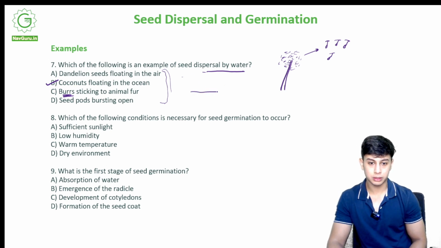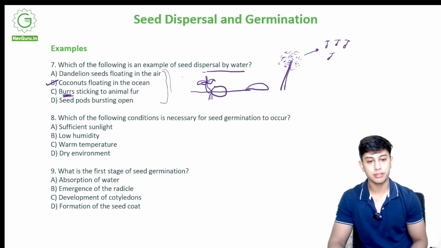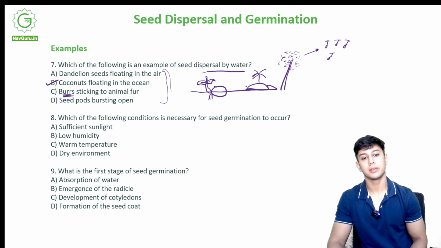Coconuts, they will float. So supposedly this is the ocean. There is a coconut floating. This will develop a shoot and a little bit of root, right? This will float until it reaches a safe land, right? A safe land. This will go and this will grow.